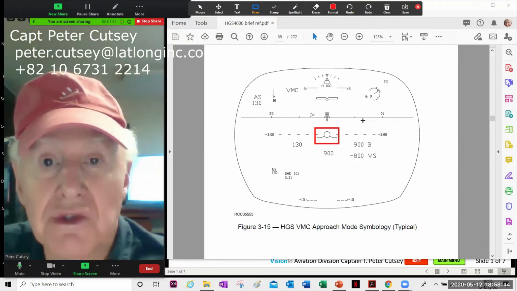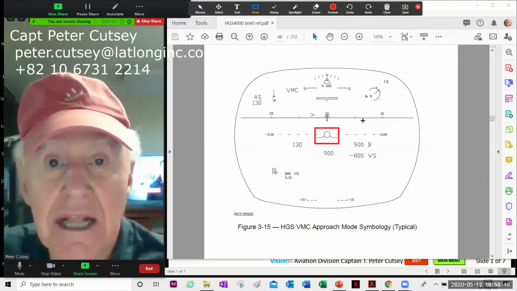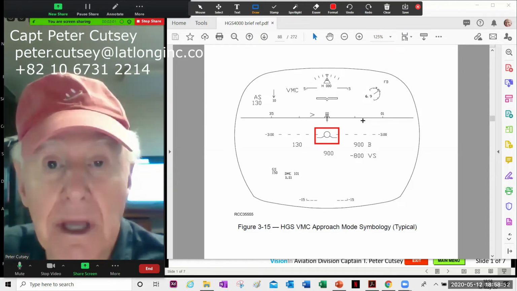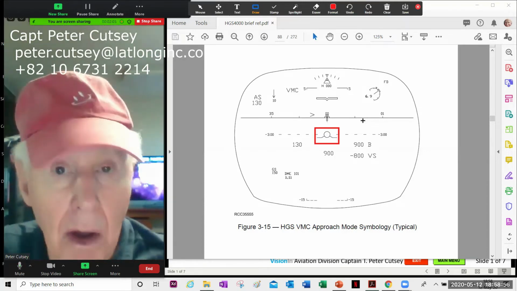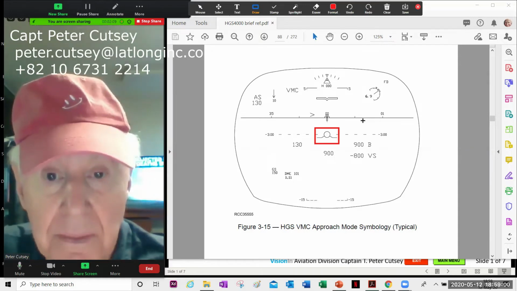In other words, instead of having to look down at your airspeed, altitude, rate, or pitch, you can look through the combiner to the runway or up the combiner and have all that information. A great advantage.